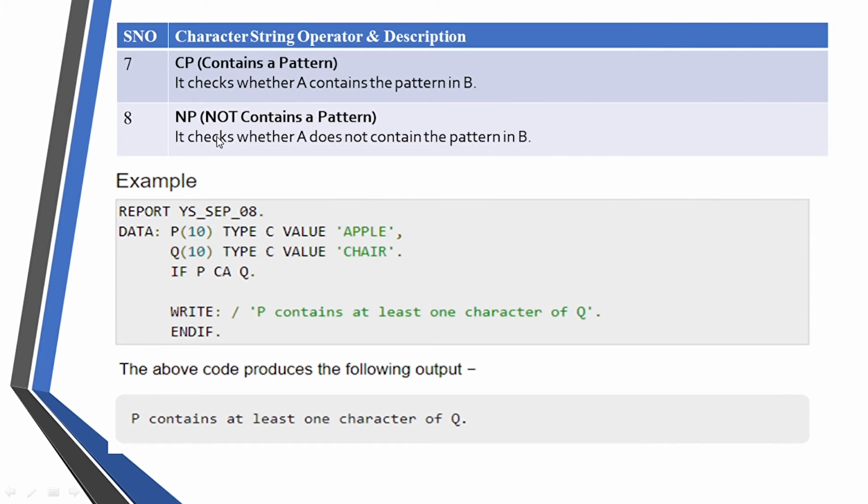Not contains pattern. That means we don't require the letters starting with P. So we will use not contains pattern P star. Okay. So we will see all these character string operators also at program level. So we will see them one by one in the code part.